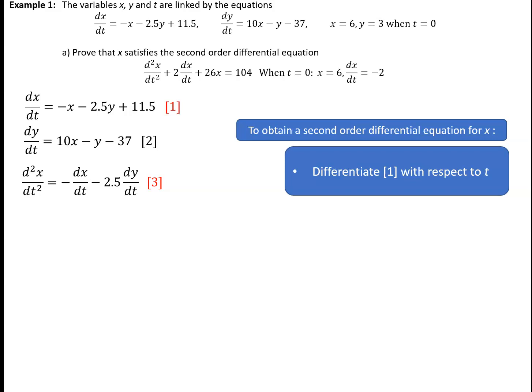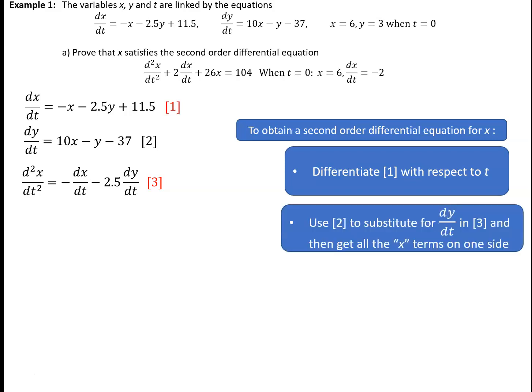Now, the first thing we're going to try and do is eliminate the dy by dt term. So we can do that making use of equation 2. So we're going to substitute for dy by dt in equation 3.